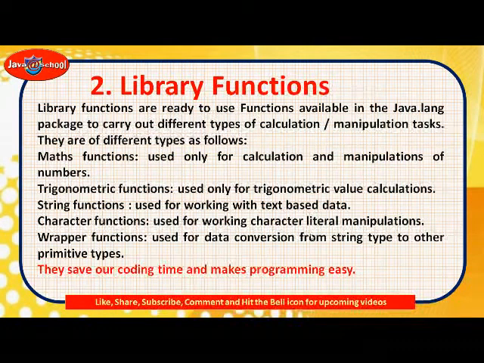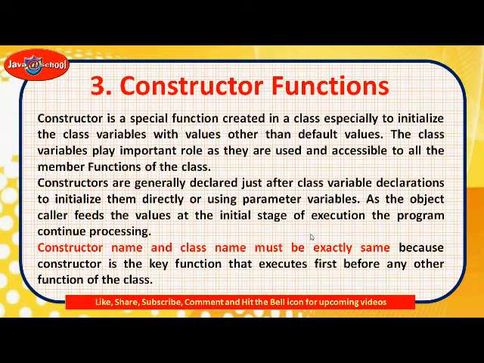Okay. Now next we have constructor functions. A constructor function is a very special kind of function created in a class, especially to initialize the class variables with a value other than default values. What is a default value? The value which is accepted automatically by a variable is called the default value.